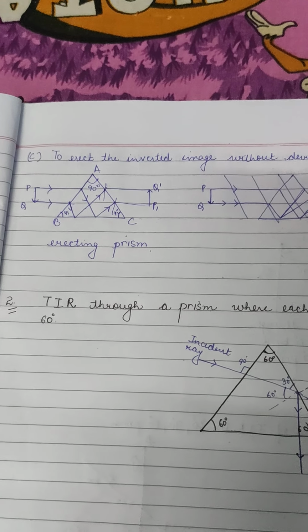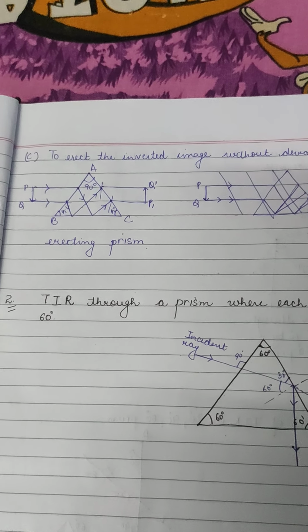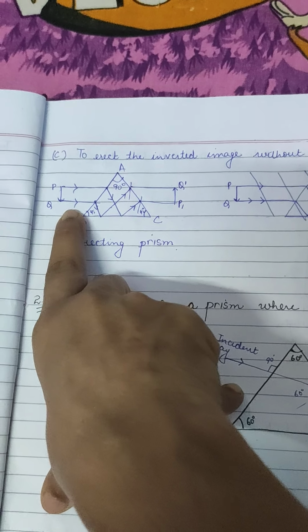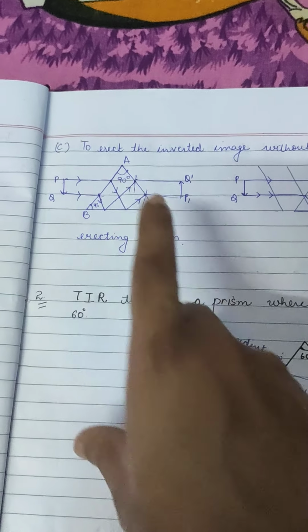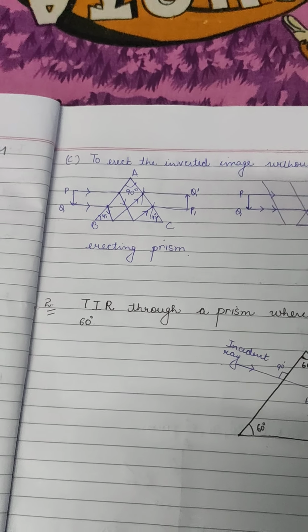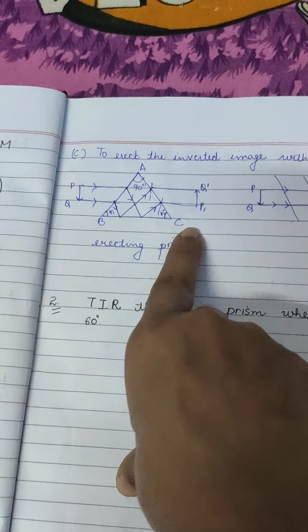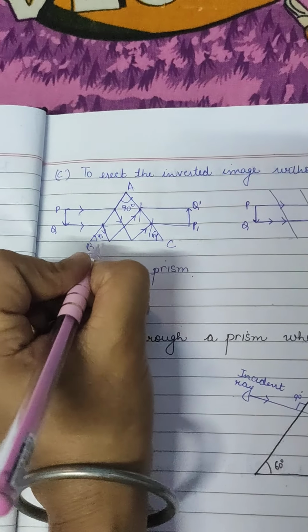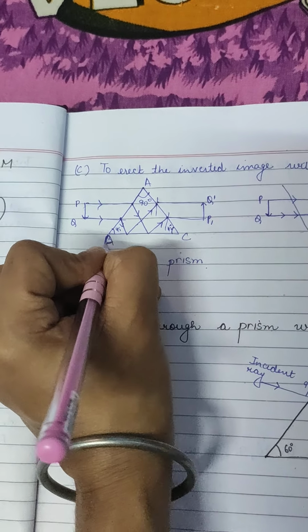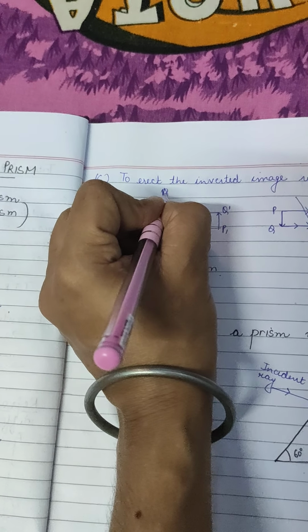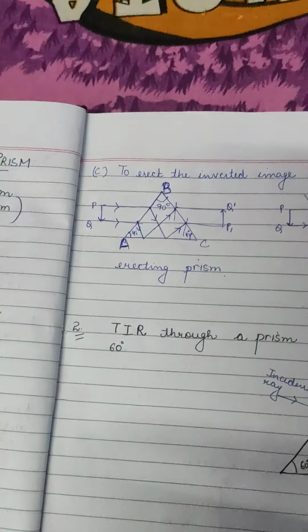Now what happened in this case? You see the beam of light from the object PQ is incident parallel on the face. It's parallel to the face. Which face is it parallel to? Sorry, let me write it, it's A. Otherwise you will get confused. I'm just changing the names here.